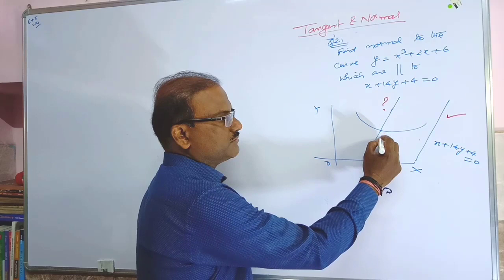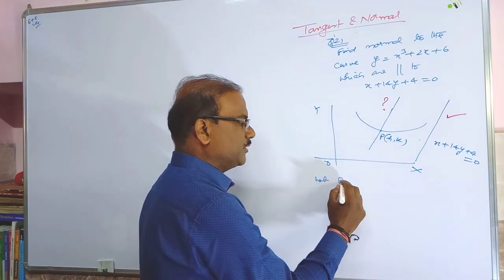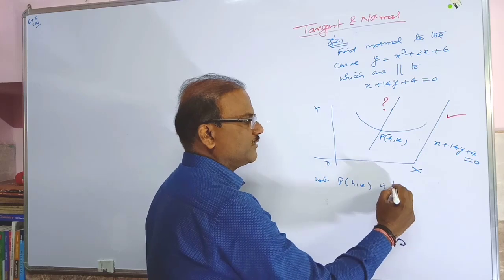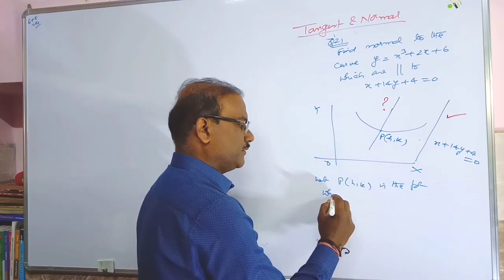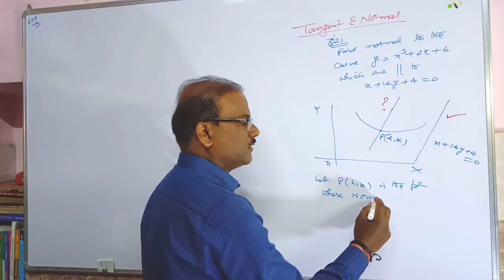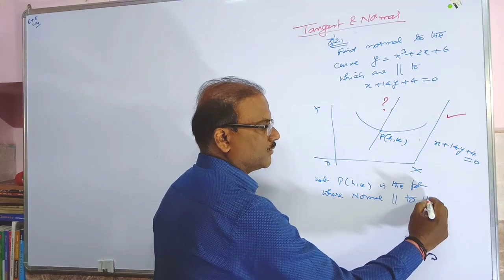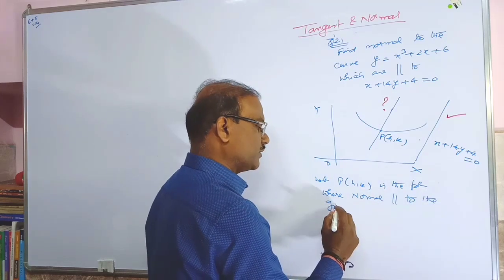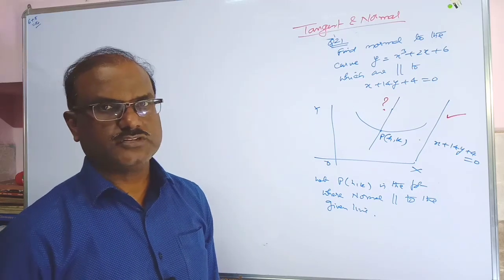So call this one as P(h, k). Let P(h, k) be the point where the normal is parallel to the given line. Okay, हमने कह दिया कि ये बात है सब, ठीक है ना.